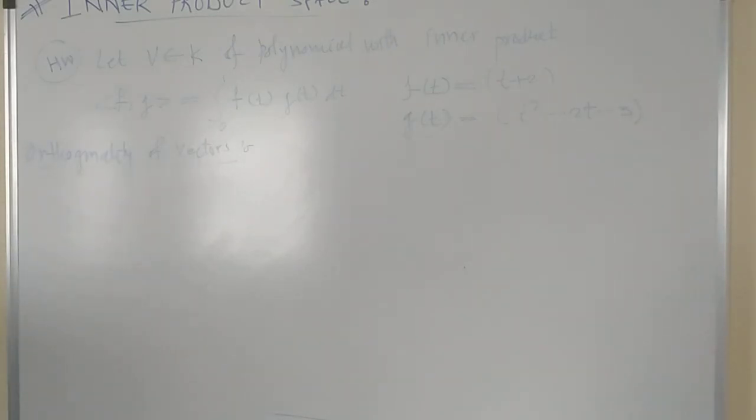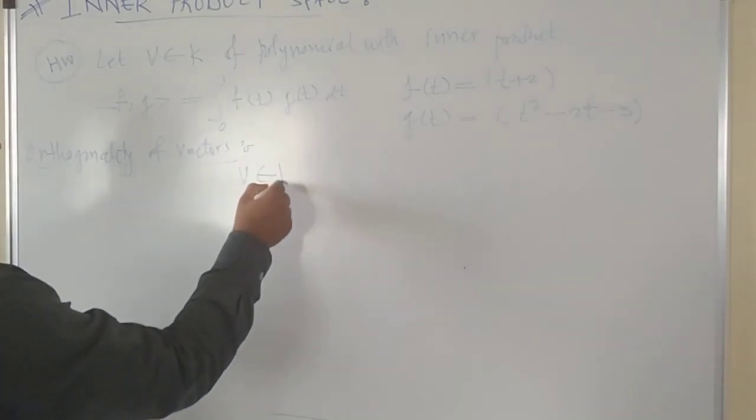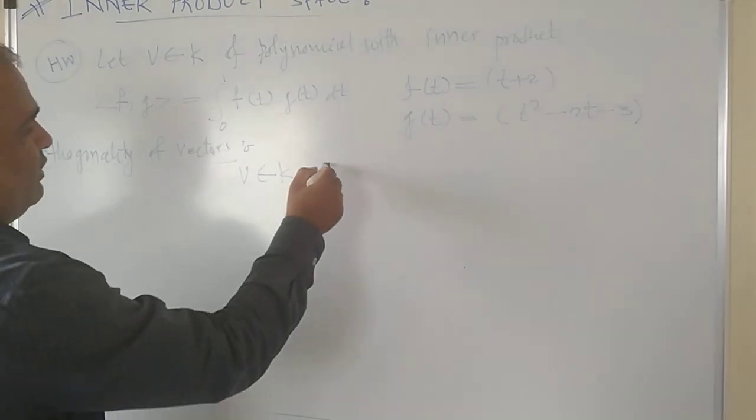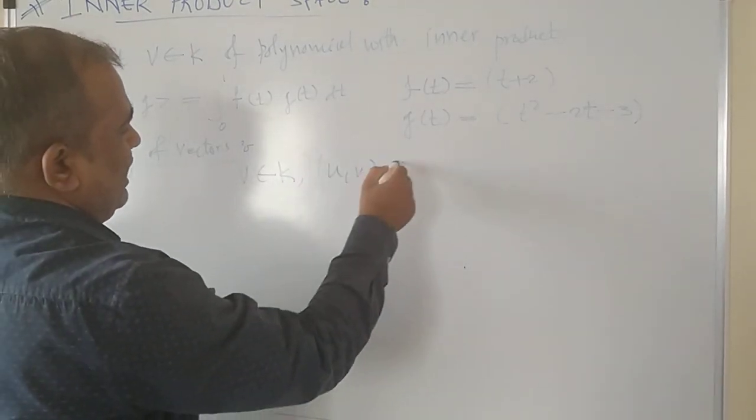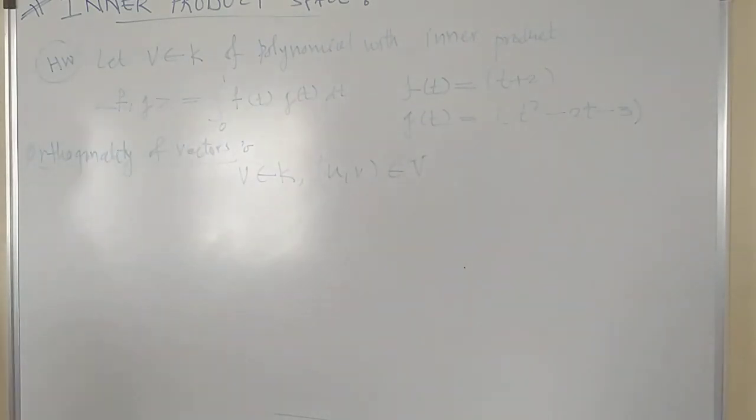So let us consider V is the vector space and small u and small v are the two vectors. V is the vector space which belongs to K, small u and small v are the two vectors which belong to vector space V, right?